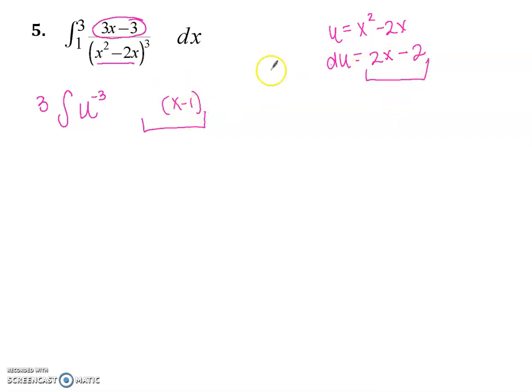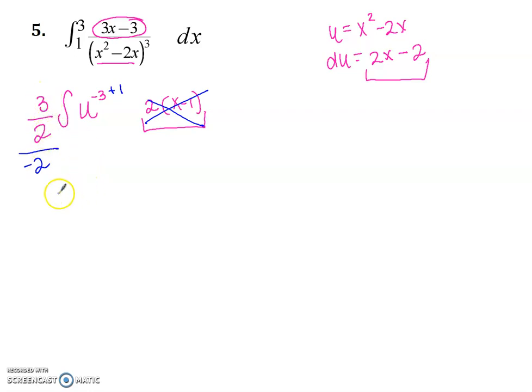In order to make this match 2x minus 2, I need to multiply it by 2, so on the outside I want to divide by 2. Now I can ignore this and do the antiderivative. Add 1, divide by your new exponent, which will be negative 2.